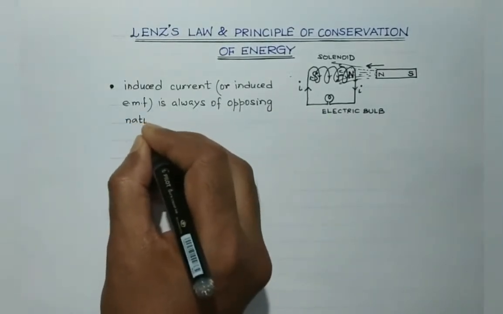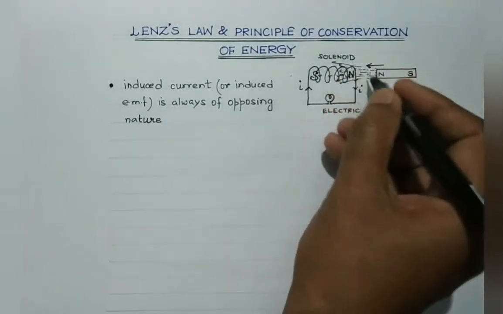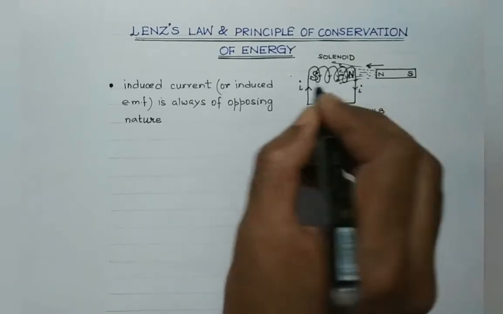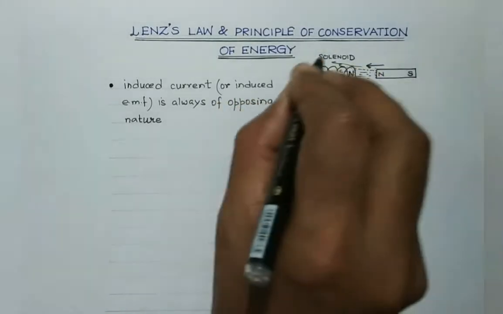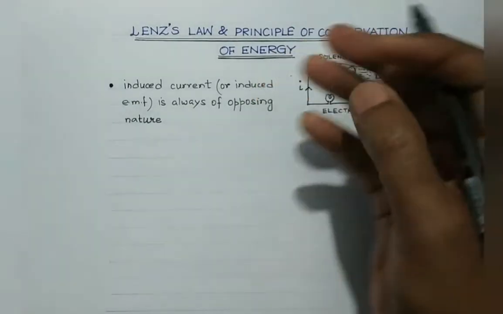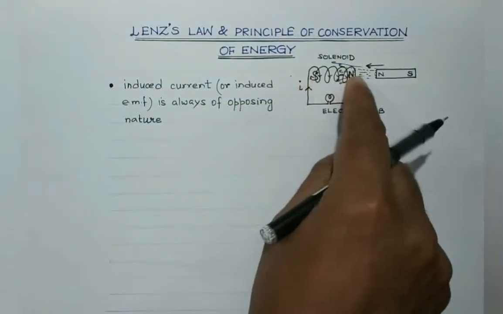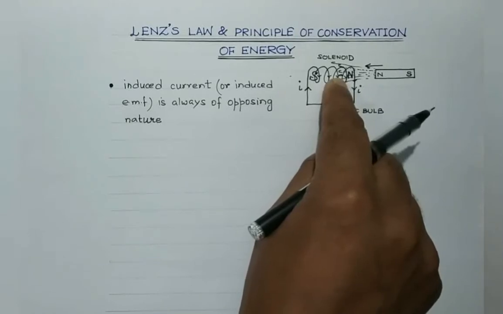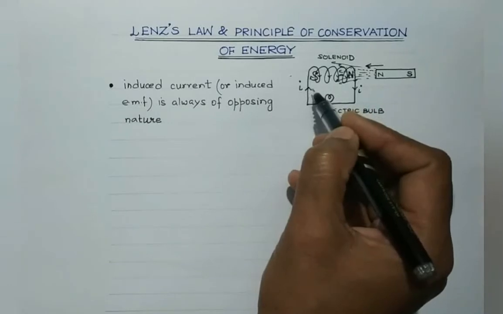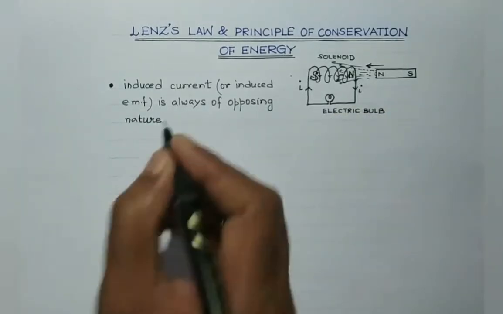Means, for whatever reason or cause induced current or EMF is produced in the coil or solenoid, the direction of the induced current will be such that it opposes the changes or causes that produce it. Here, due to the approaching magnet, the field lines linked with the solenoid are increasing. So due to the increase in the magnetic flux or due to the approaching magnet, the induced current is produced. So the direction of the induced current will be such that it opposes the approaching magnet, right?